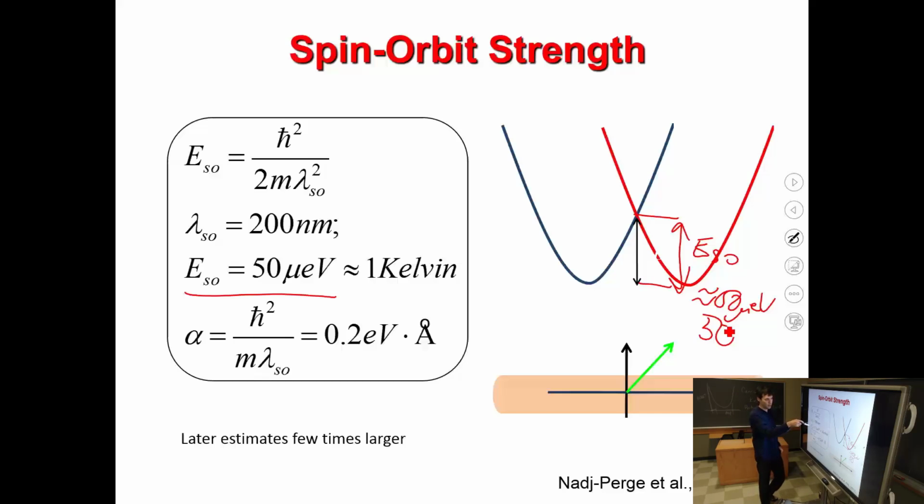You can also convert this into a spin-orbit length. Spin-orbit length is the length over which, if you start with spin up, the spin-orbit interaction flips the spin down as it travels along the wire. So it gives you a length scale on which spin-orbit interaction acts. This length scale is 200 nanometers.